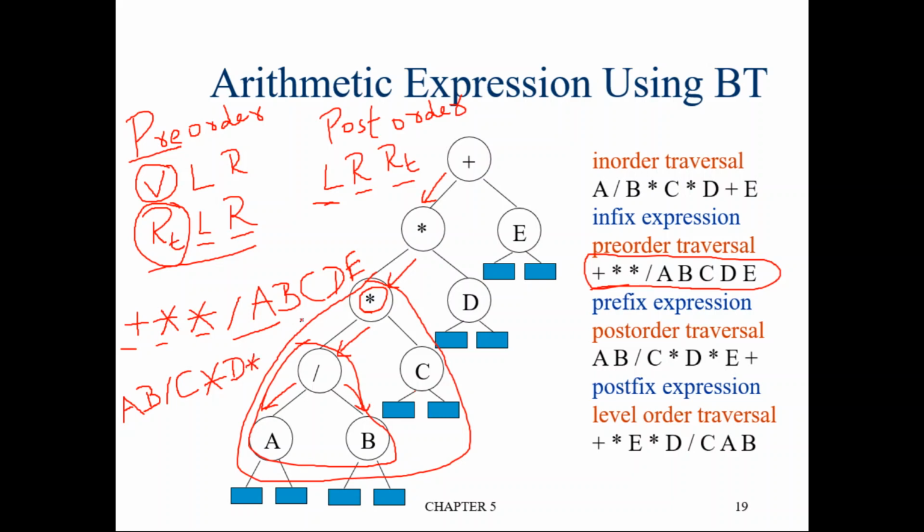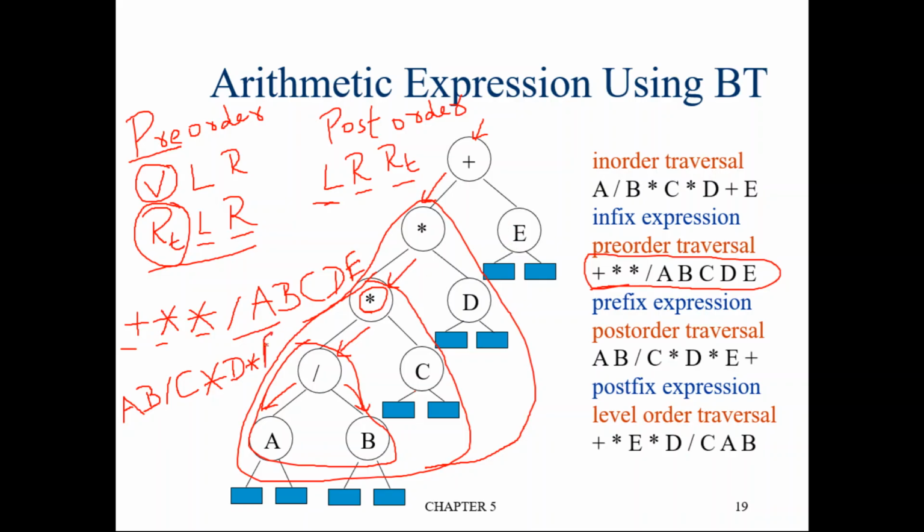Now see this entire thing. This entire thing is the left child of this super root node. So this entire left child is already visited. So now visit the right child. What is the right child? E. Is it a root of some other subtree? No. So visit it.